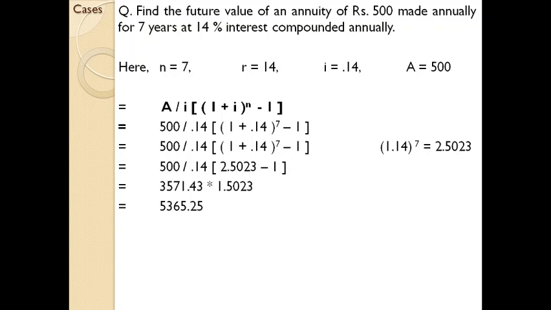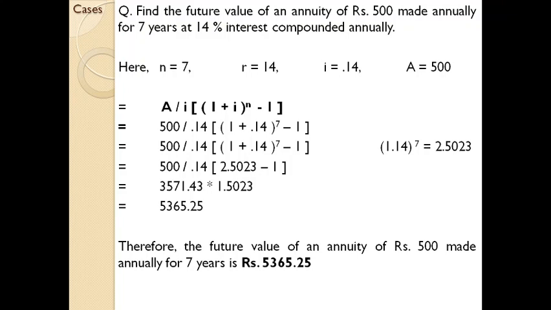Here the payment made is 500 for a fixed period of 7 years at 14% compound interest. So by the end of that period, the person will get an amount of 5365.25 by the end of the 7th year.